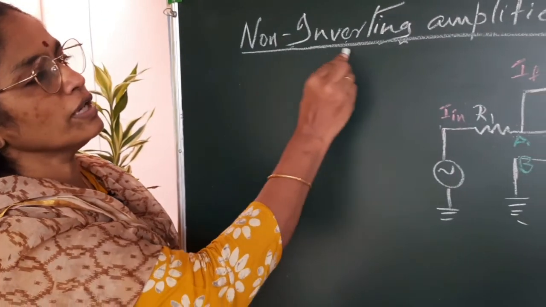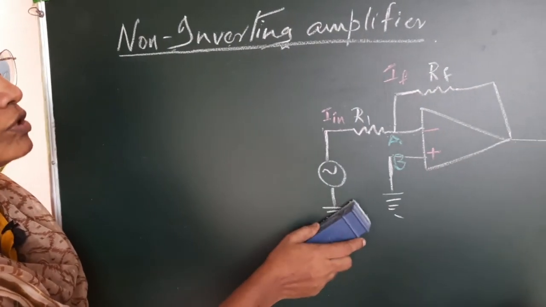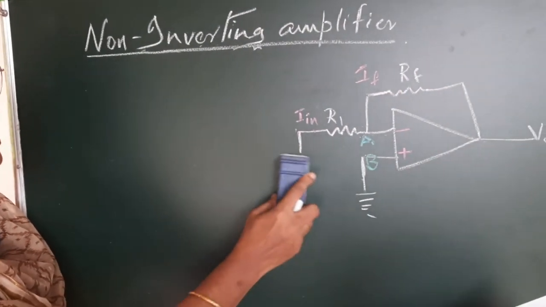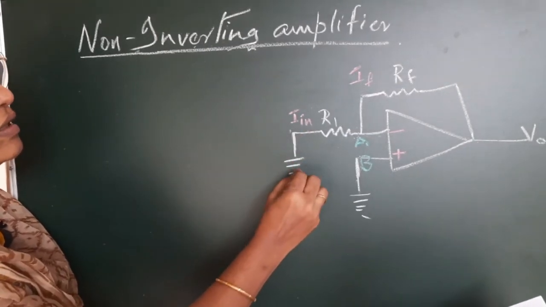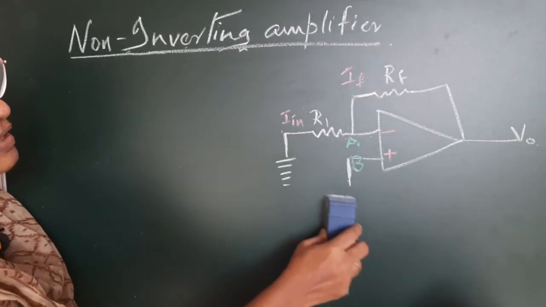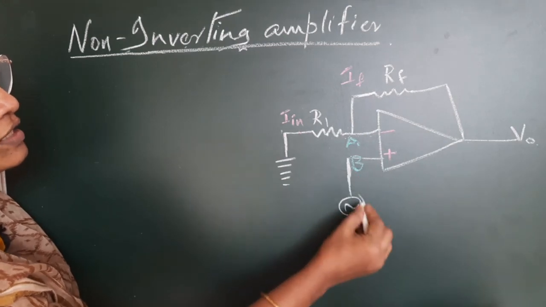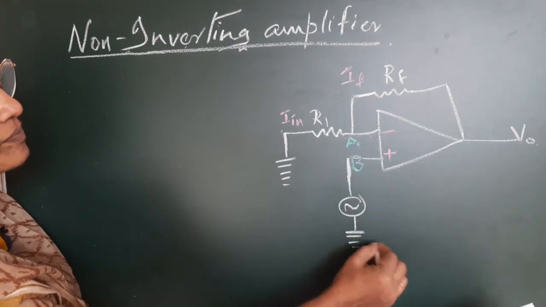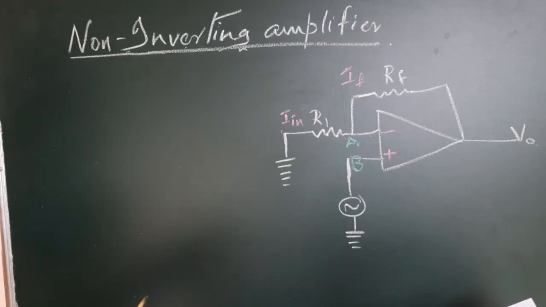So this is a non-inverting amplifier. We will convert this inverting amplifier circuit into a non-inverting amplifier. So we will earth this inverting terminal and apply the signal at the non-inverting terminal. Now this circuit is a non-inverting amplifier.